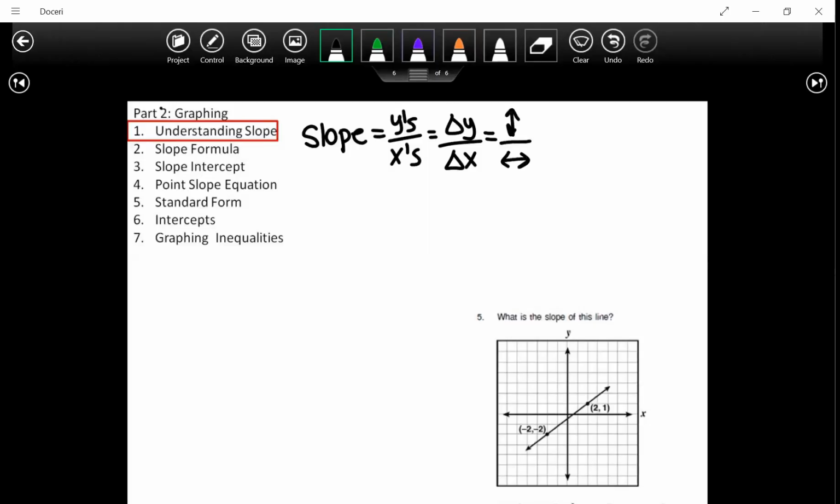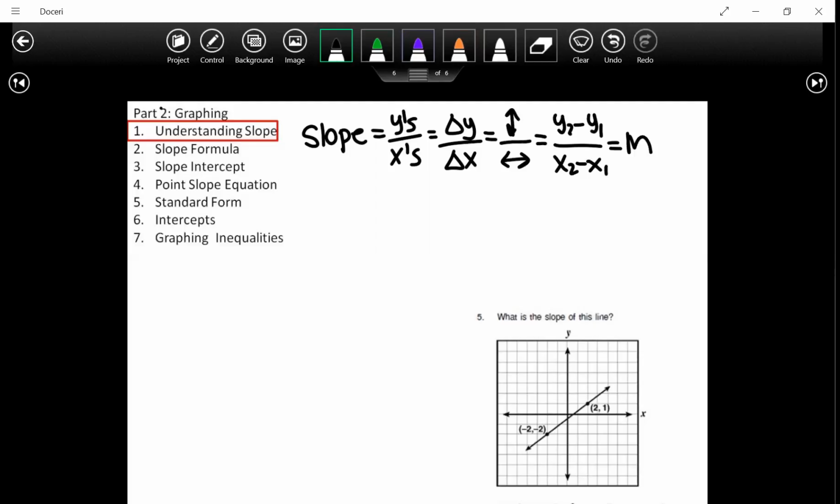And I also do the formula, y2 minus y1 over x2 minus x1. And the variable that it represents is m. So all those are pretty much the same. We're all talking about slope, what it means to have the rise over the run.